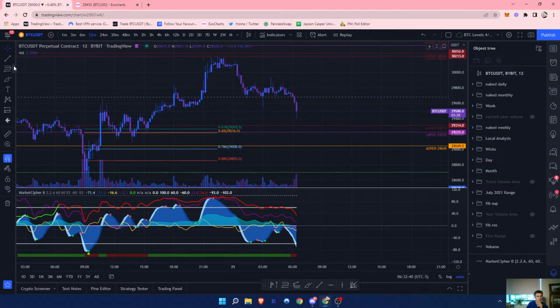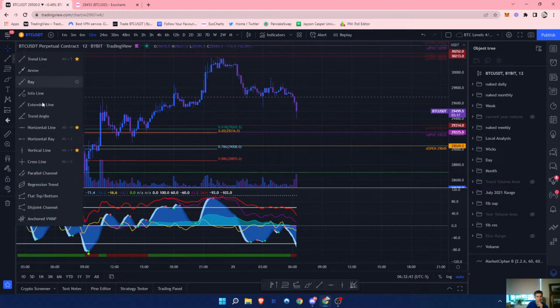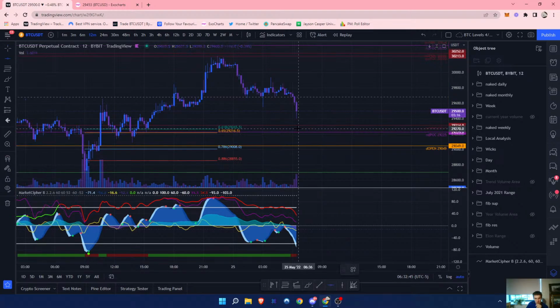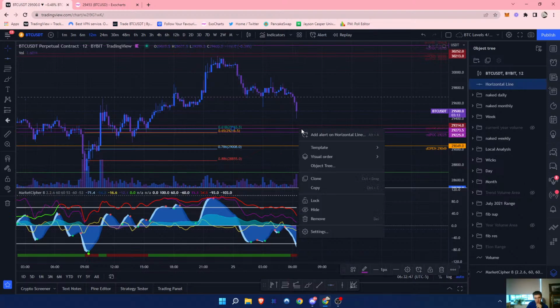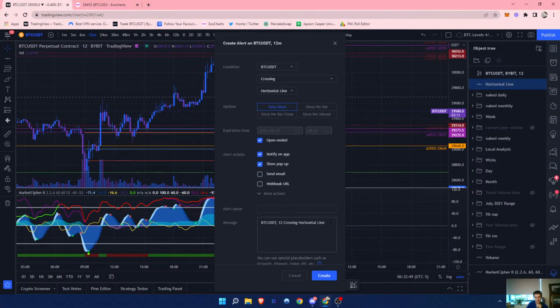Alright, so ultimately the trade that I'm looking at right now is this golden pocket right here, as it is a naked daily point of control and a golden pocket.